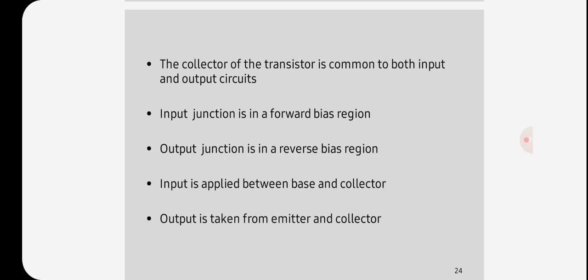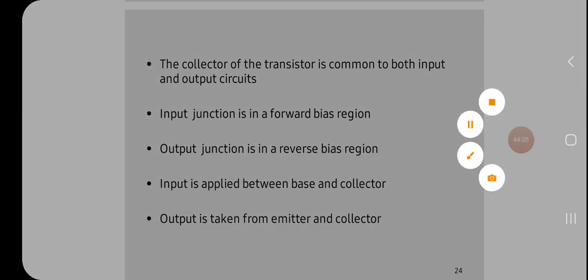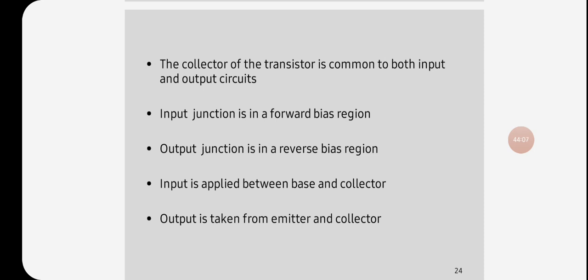In this it has the drift process, diffusion process and Fermi level, and the PN junction diode, and also the reverse bias and reverse saturation current I naught, forward bias, the volt ampere equation of diodes, and also bipolar junction transistors.